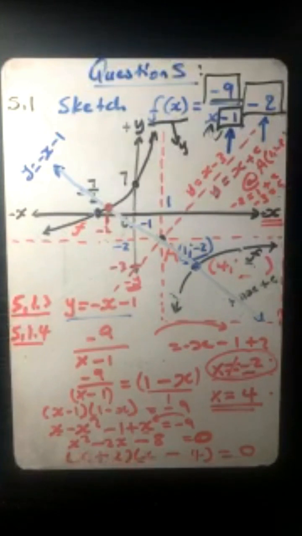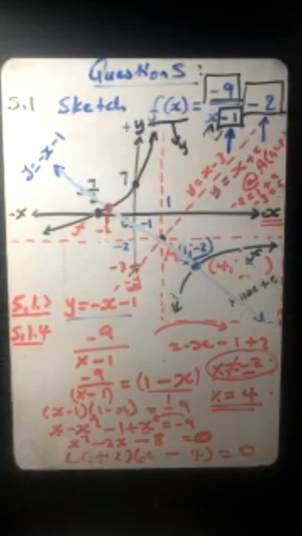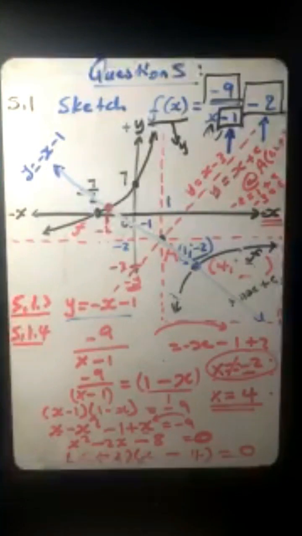Can't we go to the equation, x squared minus 2x equals 8, and because we are looking for the y value, let x equal 0?